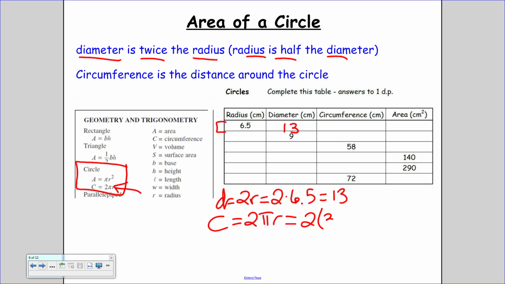If you want to do more digits in your calculator, that is fine. So that's 2 times 3.14 times 6.5. 2 pi r. And that gives us a circumference of 40.82. So that's how big around the circle is. Area is equal to pi r squared. So that's 3.14 times 6.5.